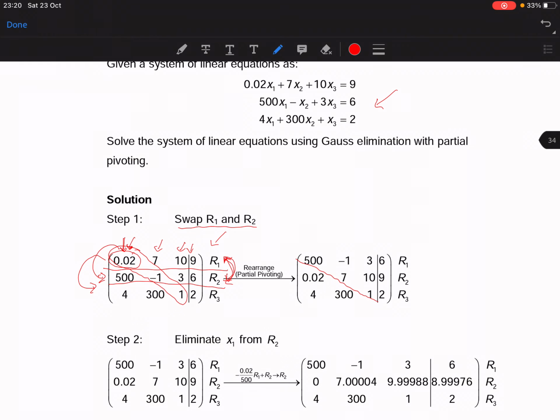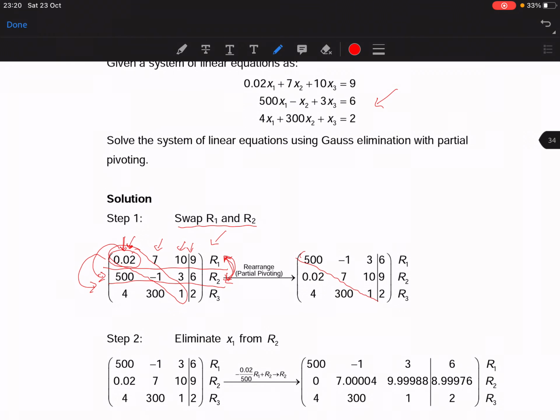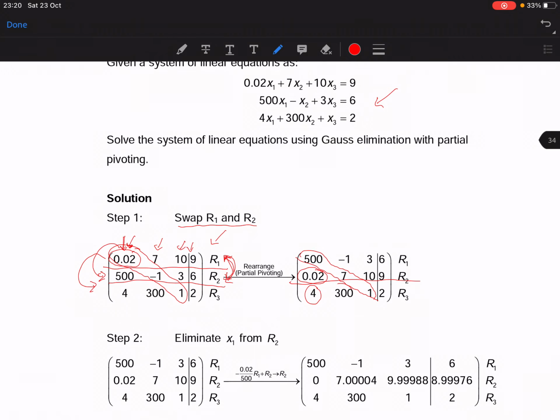Anything below the diagonal element needs to become zero, so we need to do it row by row. Do this one first, make sure everything on row 2 becomes zero, and then we eliminate the 4 here on row 3 to become 0, and then any other value here to become 0.